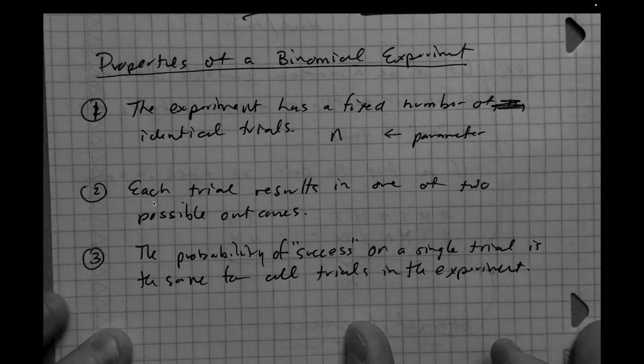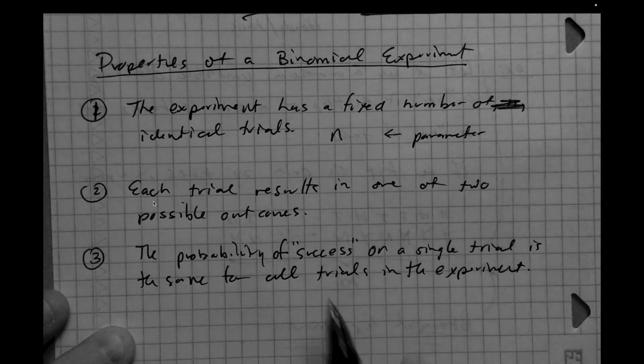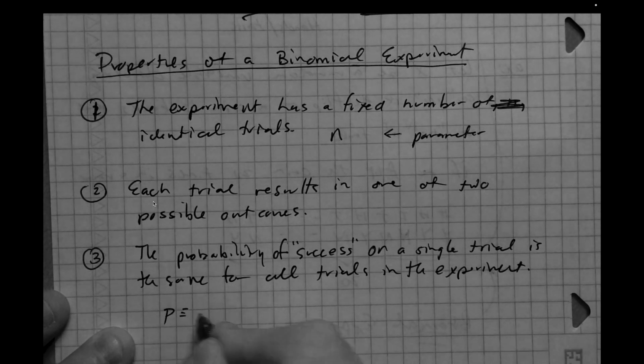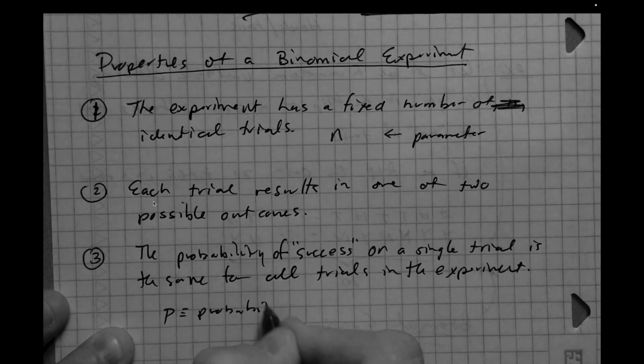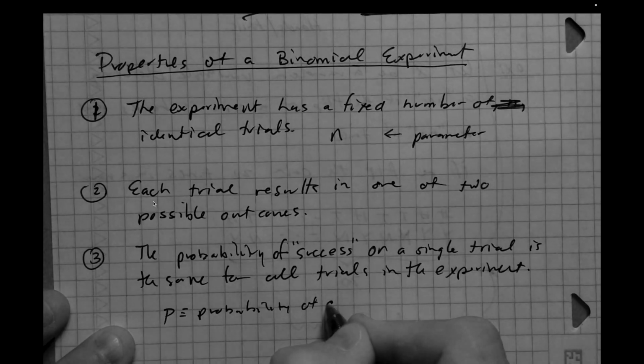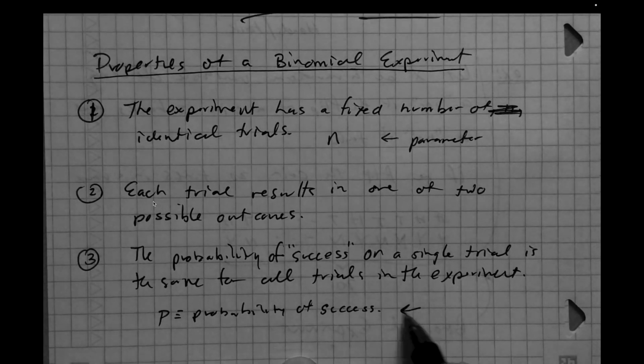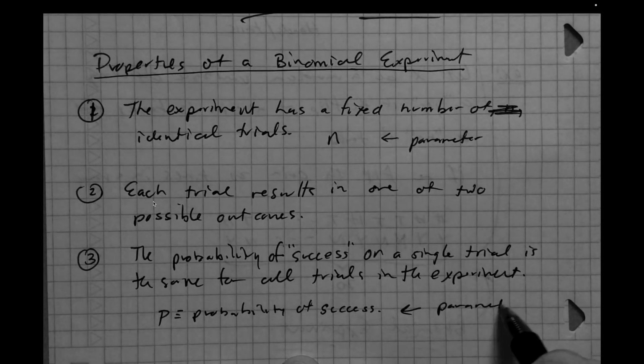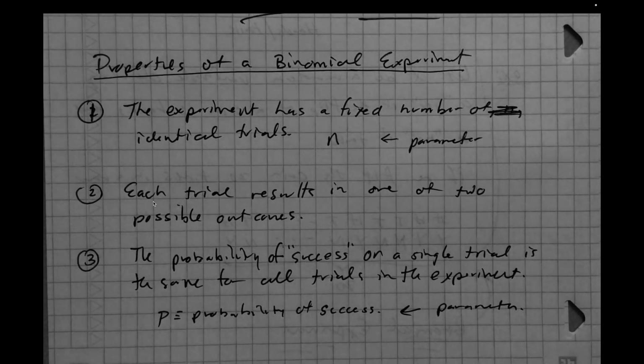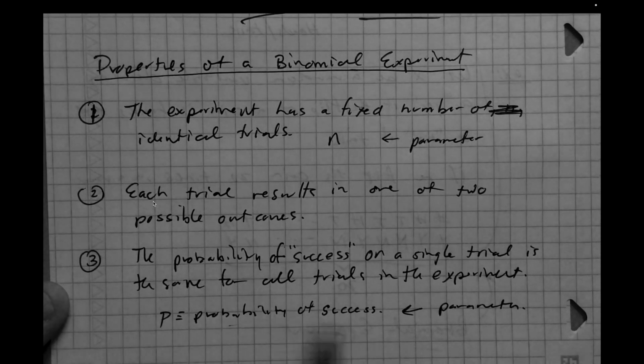Now we denote the probability of success using the small letter p. And this is another parameter that we need to know in order to define our binomial distribution. So the probability of success is p.